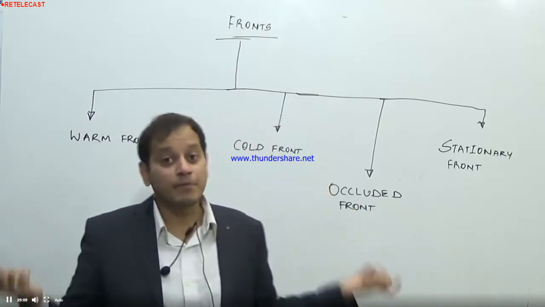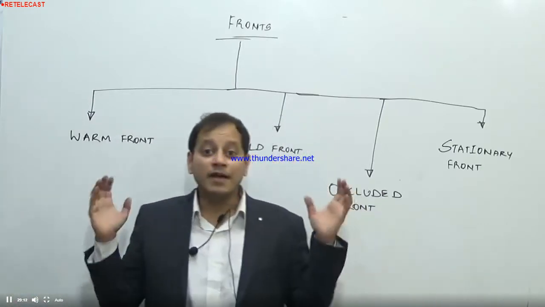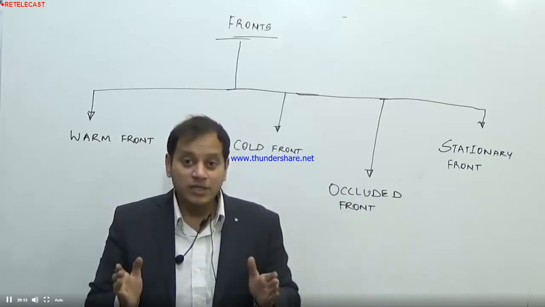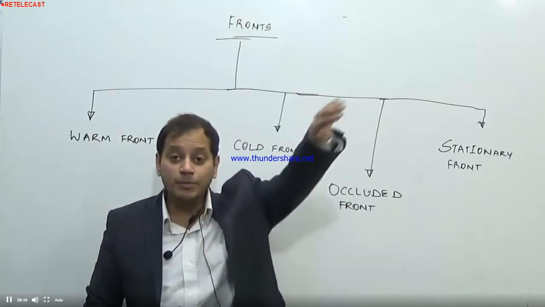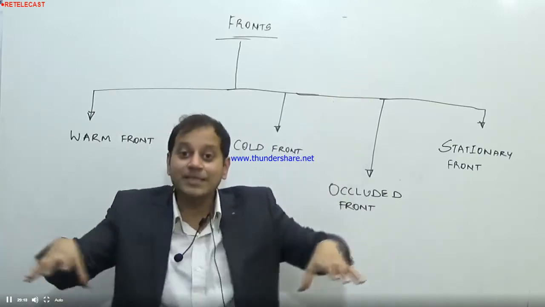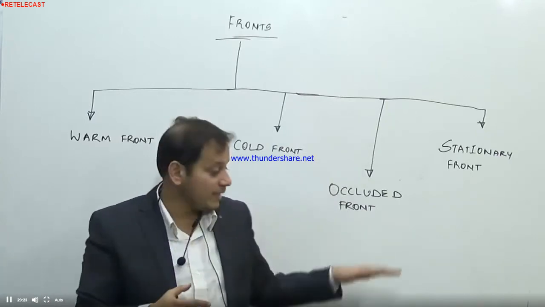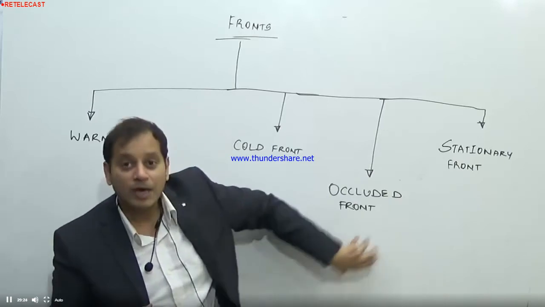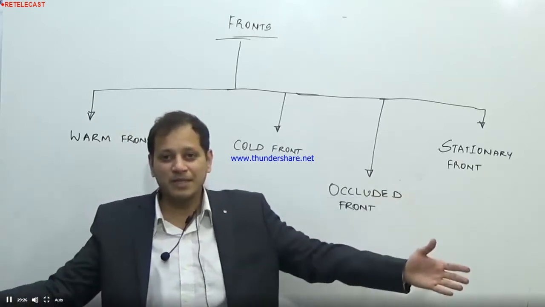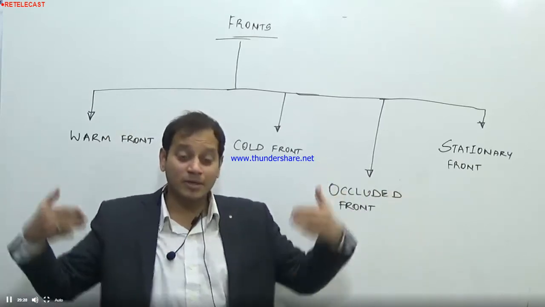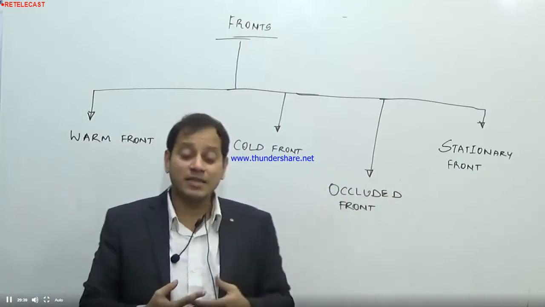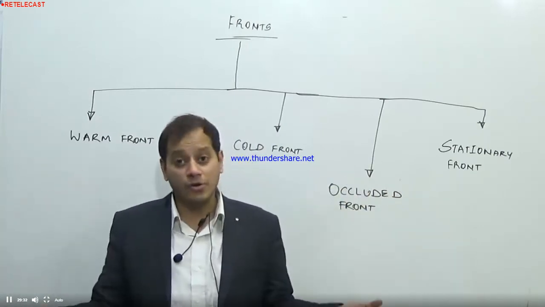When will the front die? When the warm air is totally removed from the ground surface and its place is taken by the cold air, it means there is no sloping boundary; there is cold air below and warm air above. Obviously, there is no such sloping boundary, there is no such convergence. We call such a situation the death of a front, or an occluded front.